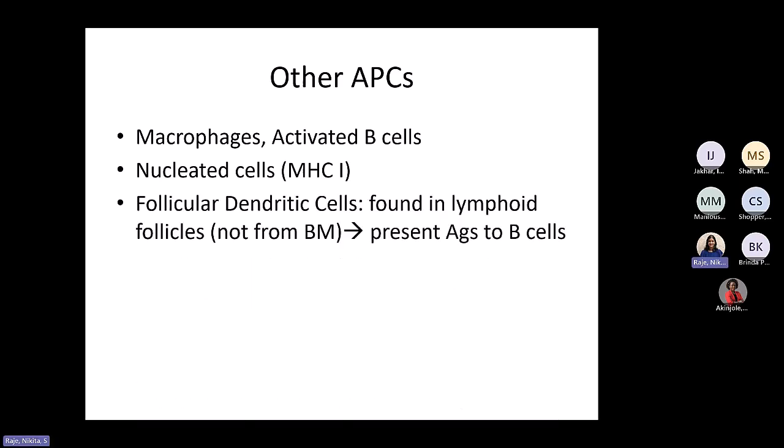Also, there are follicular dendritic cells, and follicular dendritic cells have nothing to do with the dendritic cells that we just talked about in terms of where they come from. So they are not from the bone marrow. These are found in the lymphoid follicles, and they present antigens to B cells.